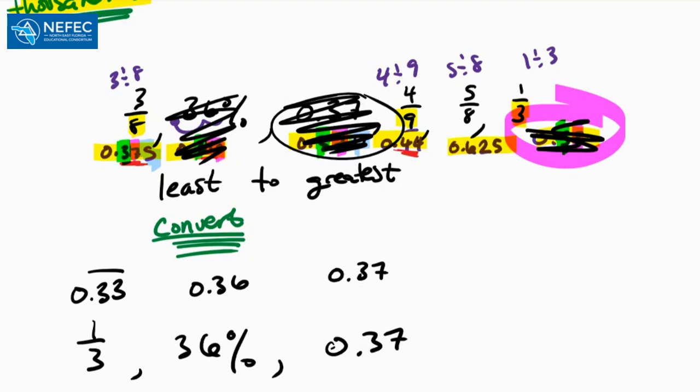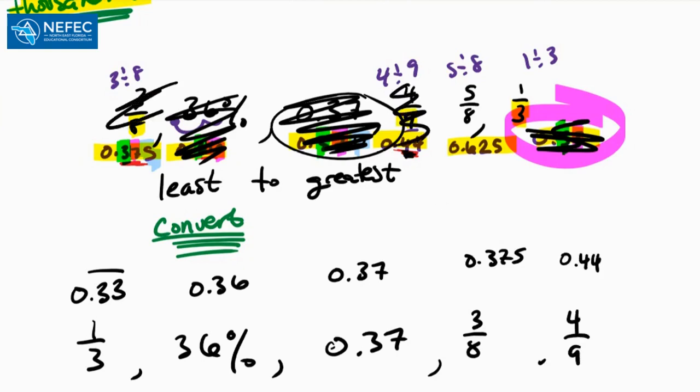And then we have the 0.375, which is 3/8. Then the 0.44, which was the 4/9. And then the last number that we have is the 0.625, which was the 5/8.